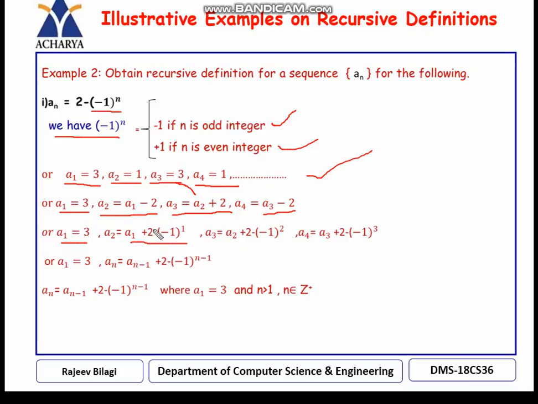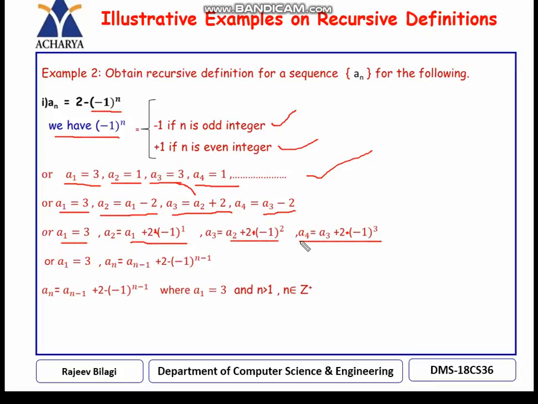So now if you write down 2 into minus 1 to the power of 1, you get a2. Here a2 is 2 into minus 1 to the power of 2, that is 1, so 2 into 1. Similarly a4, I can write as a3 plus 2 into bracket minus 1 to the power of 3.